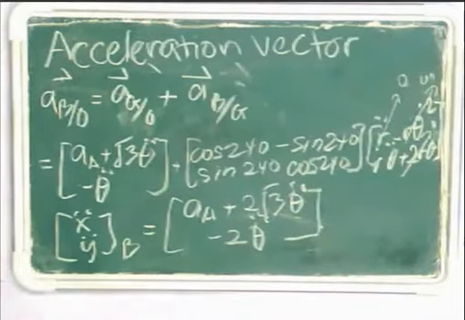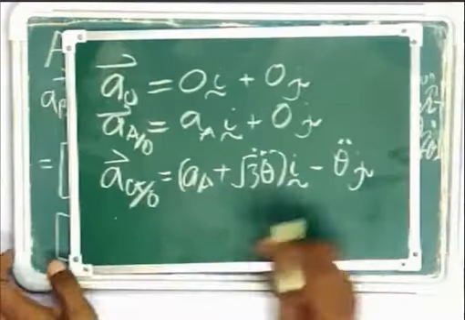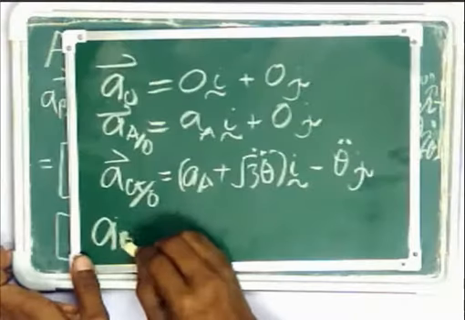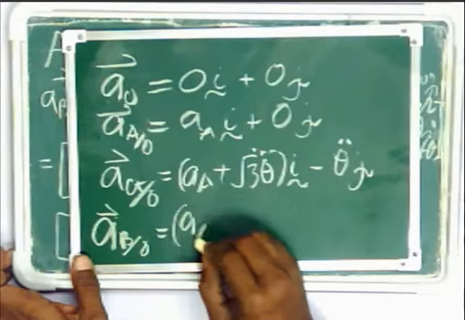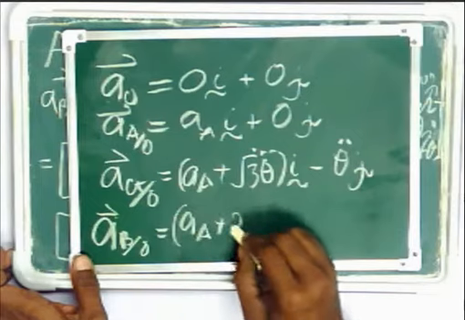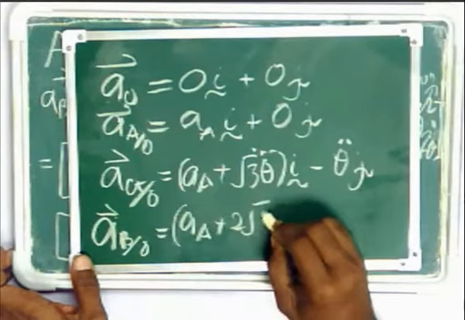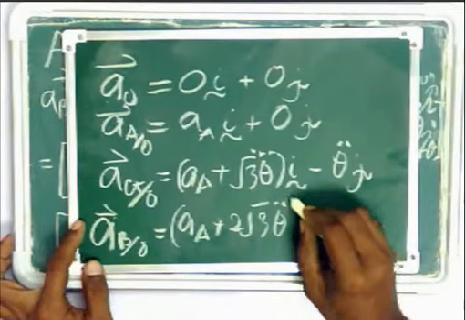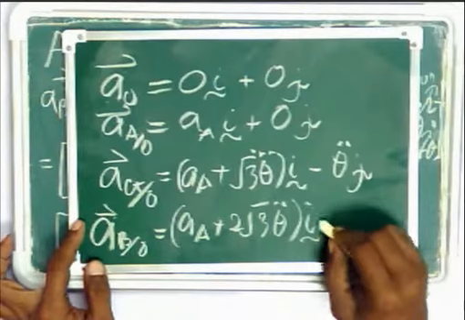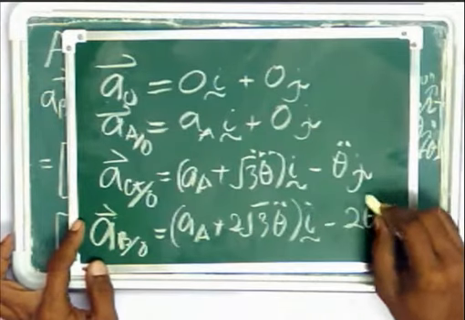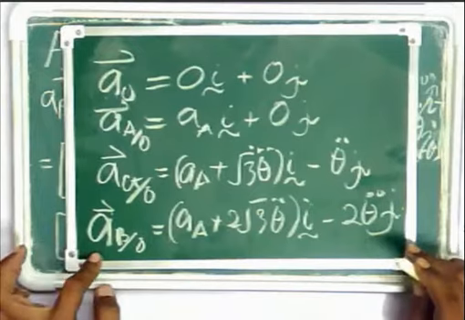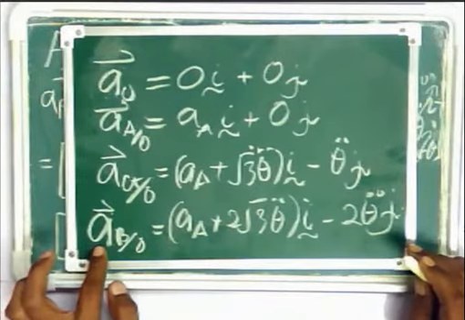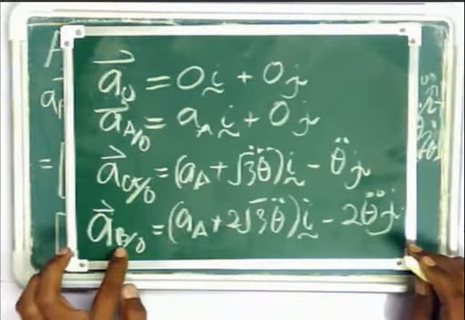So when we write the equation in the standard format, the absolute acceleration of B is equal to A plus 2 square root 3 theta double dot i minus 2 theta double dot j.